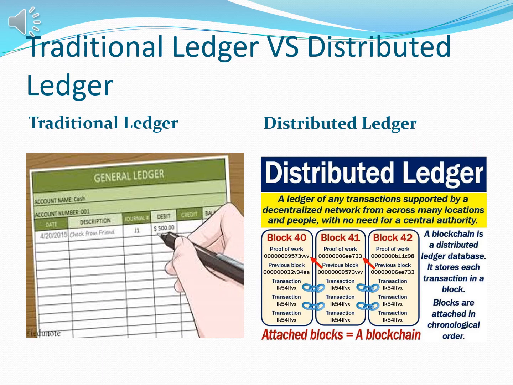I put in this slide to show the difference between the traditional ledger book and the distributed ledgers which we use in blockchain. In the traditional one, we keep recording transactions on the same page, but in distributed ledgers, any transaction we do becomes a block, and then we cannot go back and make any change.